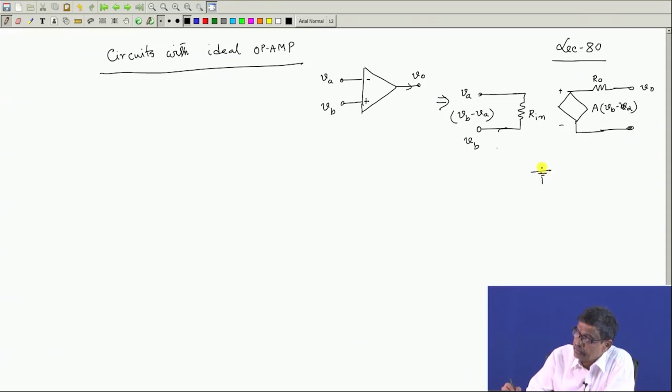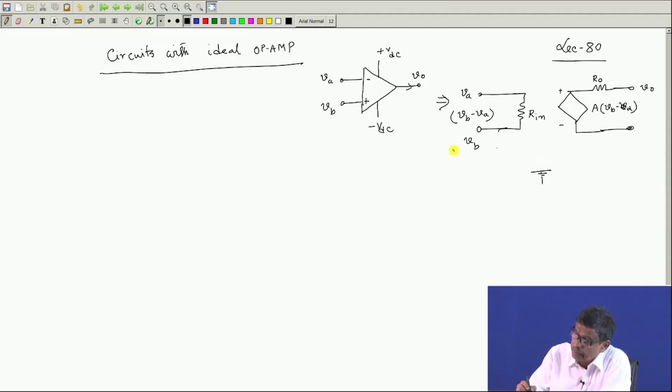How do I get this ground? From the supply to this op-amp, which is generally not shown in the circuit. There has to be a DC supply given, and the ground of this supply is this one. With respect to this point, VA, VB and V naught are defined.